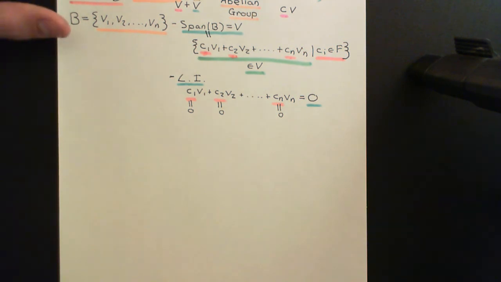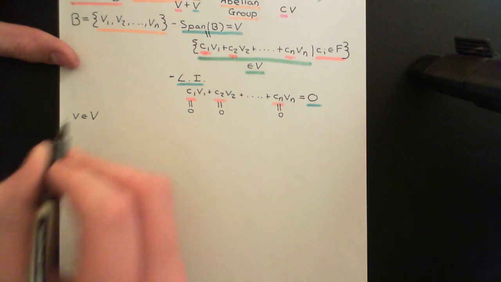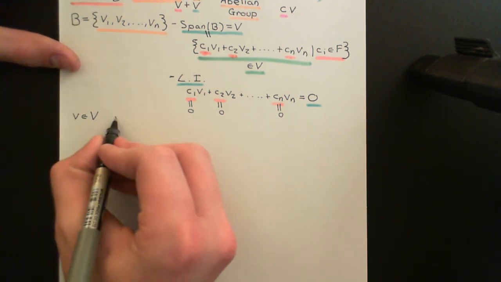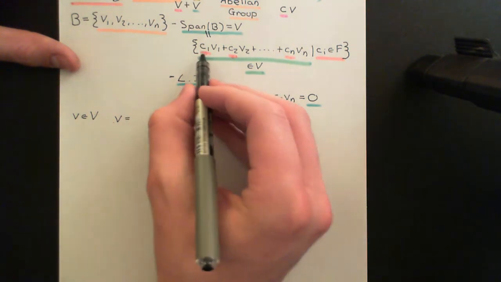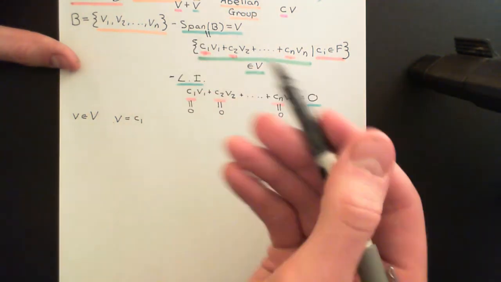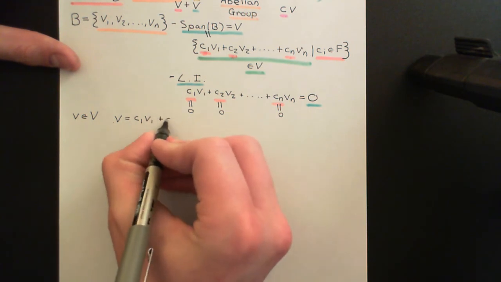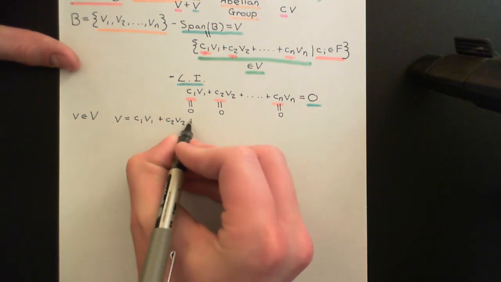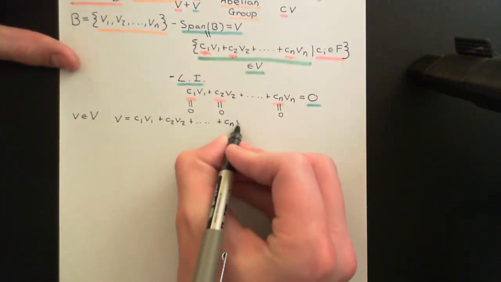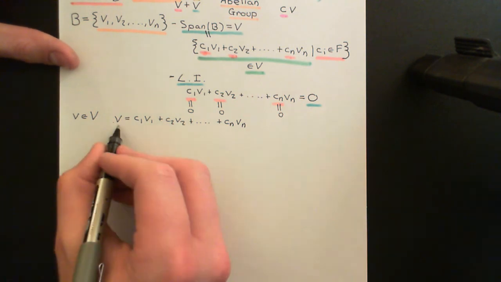So what this overall means is that if I have some arbitrary vector in my vector space, let little v be an element of my vector space, capital V, I can now write little v as a linear combination of these basis vectors. I can do that because the basis spans the entire vector space, so I can write any vector in the vector space as a linear combination of the basis vectors. But now the linearly independent property tells me that this is unique, that there is only one linear combination of these basis vectors that gives this vector v.